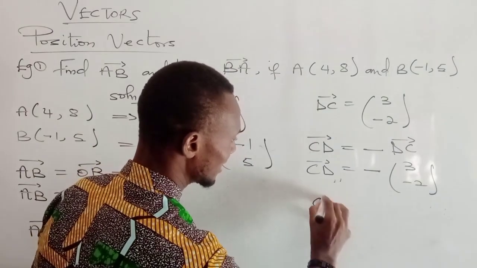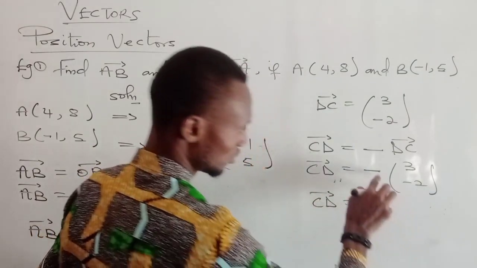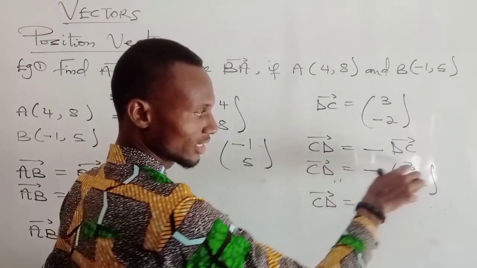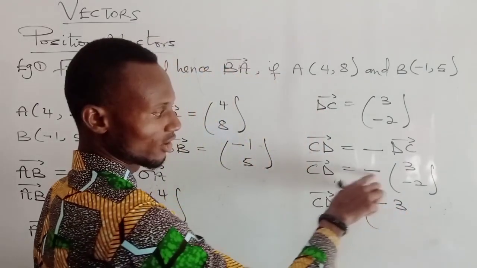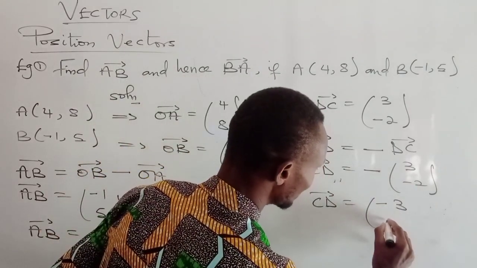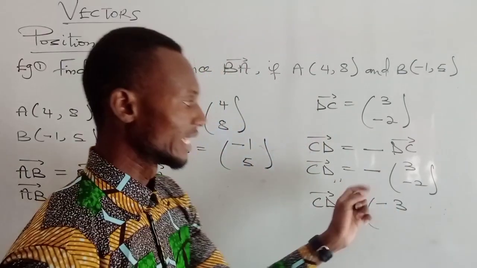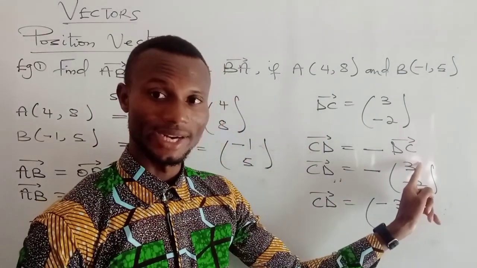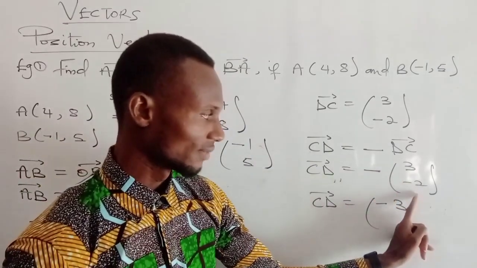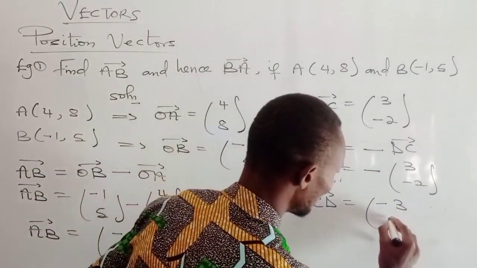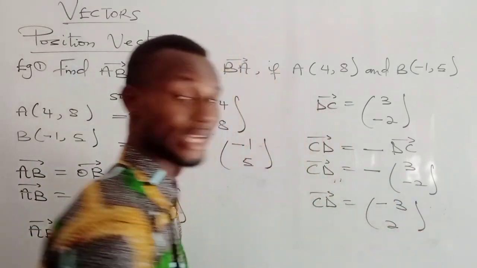So my vector CD will be equal to minus times this +3 is going to give me -3, and the minus times this -2 is going to give me +2.